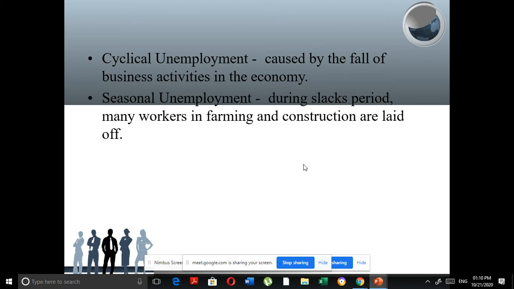But frictional plus structural unemployment is normal for macroeconomics. Don't forget this main thing. But cyclical unemployment is the worst unemployment, which occurs when the level of economic activity declines, during recession and depression times.